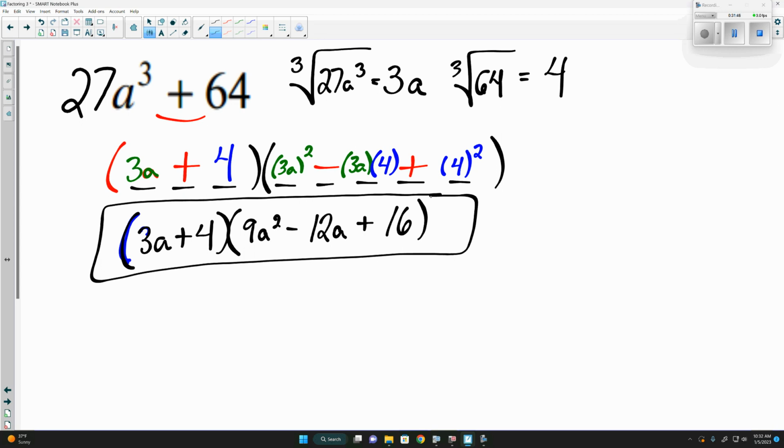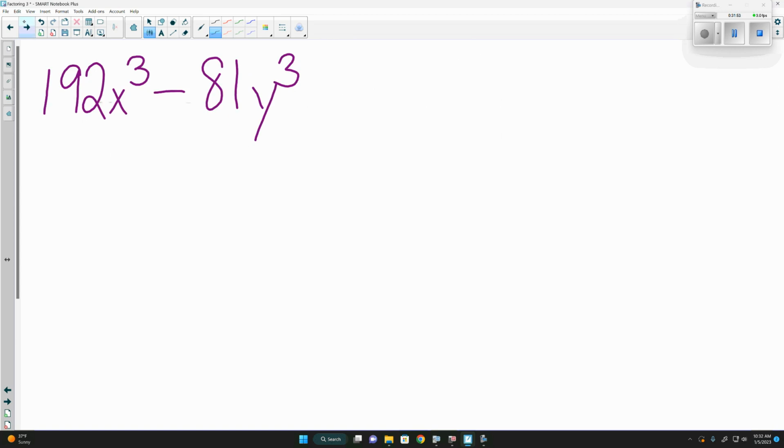Questions on these here? Let's look at this one here. 192x to the third minus 81y to the third.